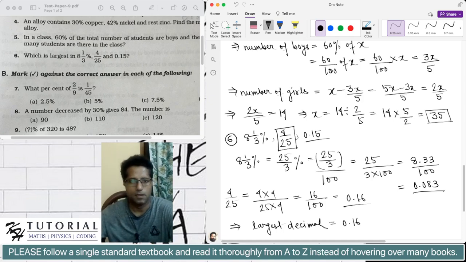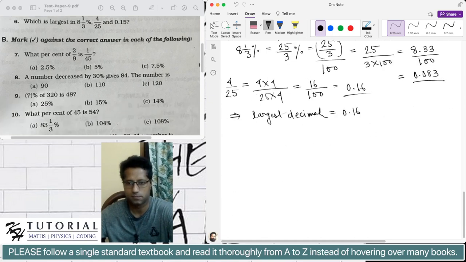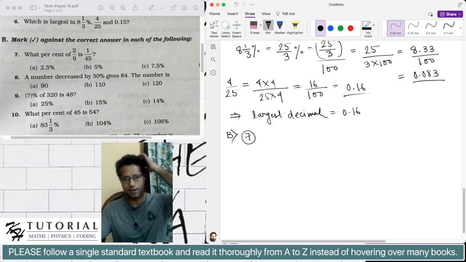Okay, let's now start section B, which are multiple choice questions. Question number 7. What percent of 2 by 9 is 1 by 4? What percent of 2 by 9 is 1 by 4?